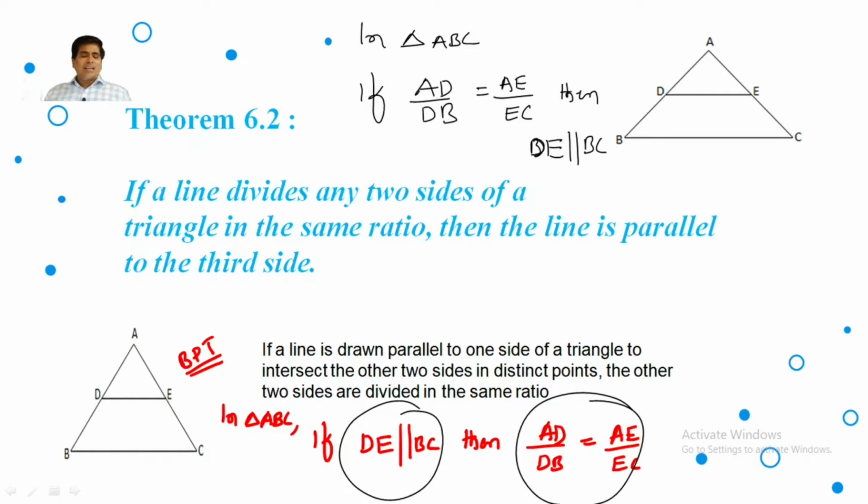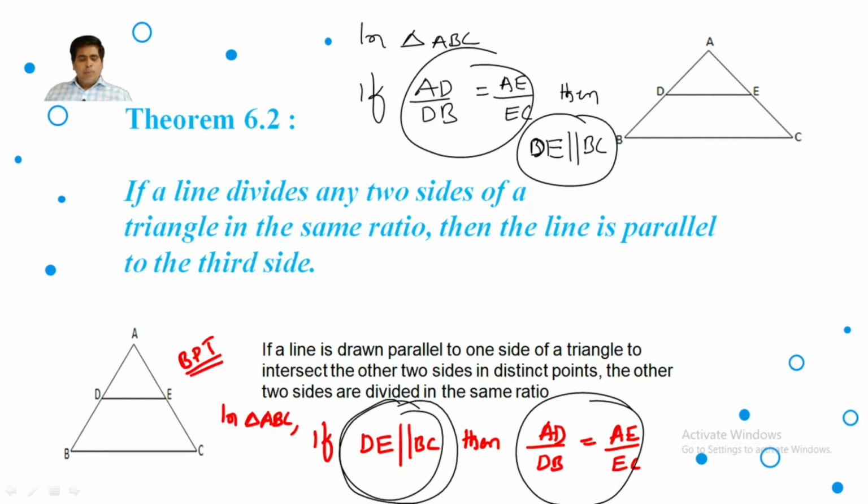So exactly, I have written the converse of this statement. What is BPT theorem? When this is parallel, the ratios are equal. What is the converse of the BPT theorem? If the ratios are equal, then it is parallel.